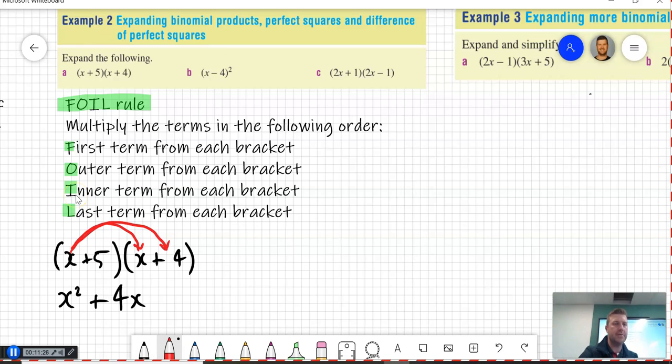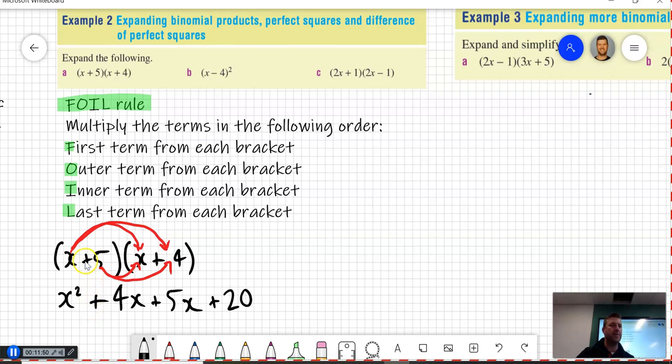So now it's 5 times x, thank you gentlemen, which is positive 5x. And then I'm going to do the last term from each bracket, which is 5 times by positive 4. Sorry, it's a little bit messy there, which is 5 times 4 is 20. This one's a little bit easier because both the signs inside those brackets are positive. So all my terms are positive.